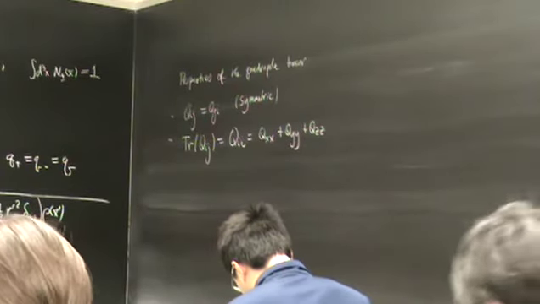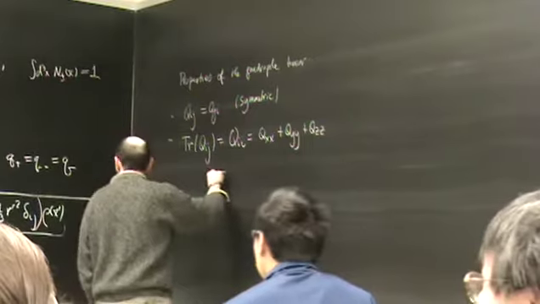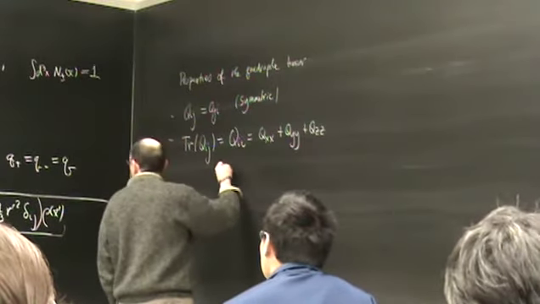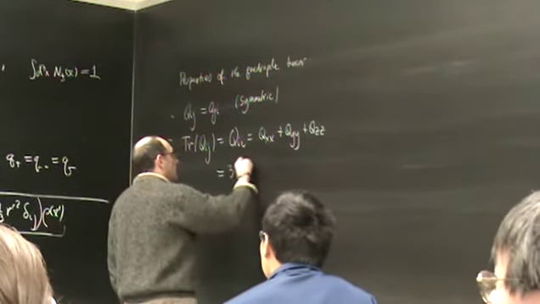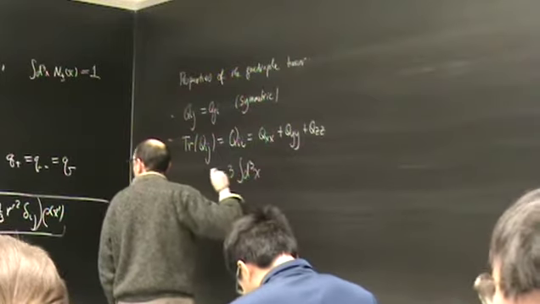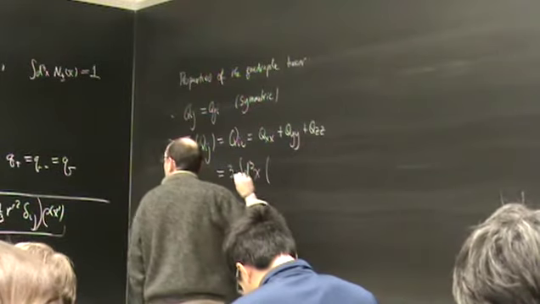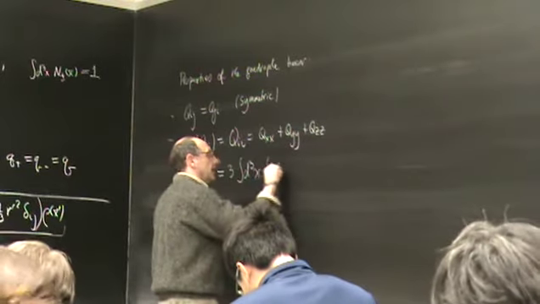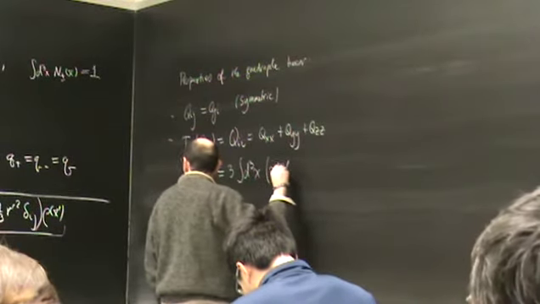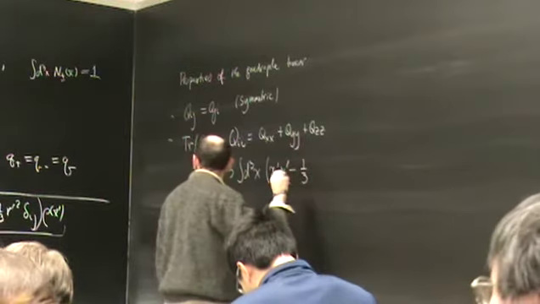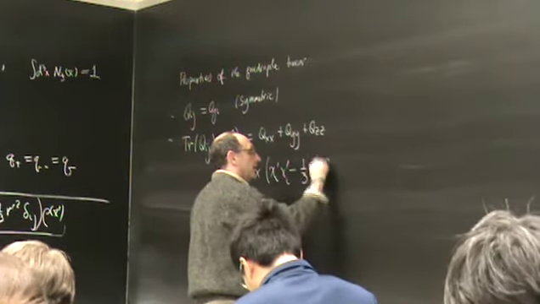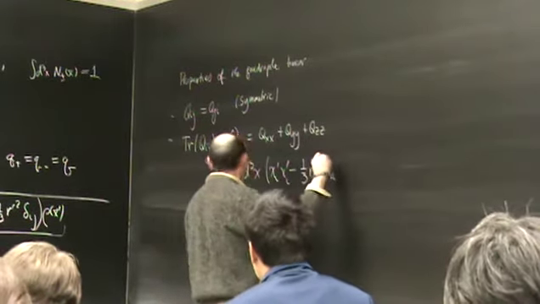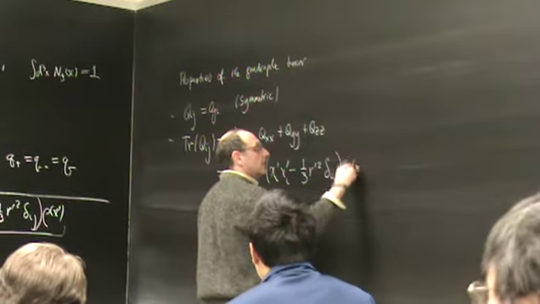Then in this case, for this particular thing, that's equal to 3 times, well, I'll just write it out: x_i x_i minus 1/3 r prime squared delta_ii, sum over the repeated indices.